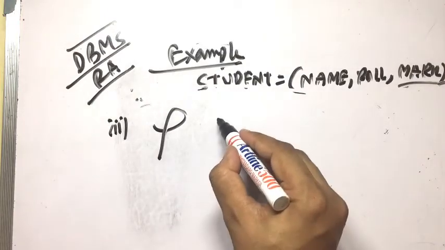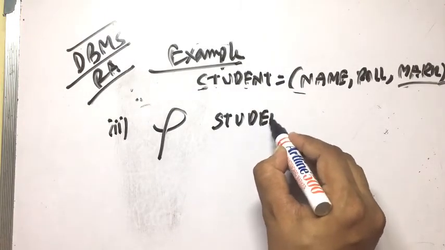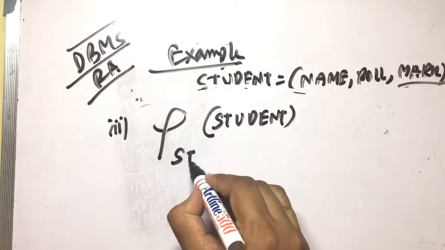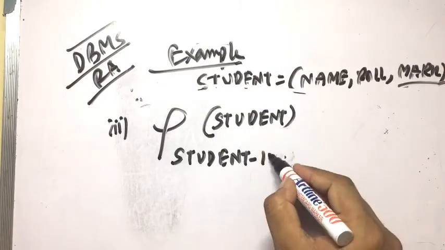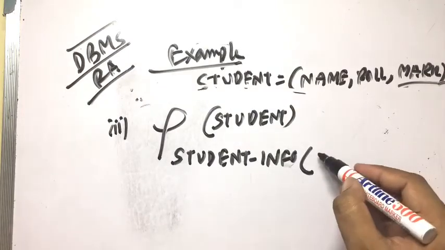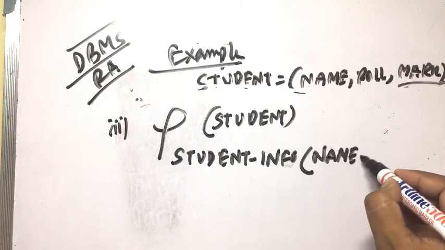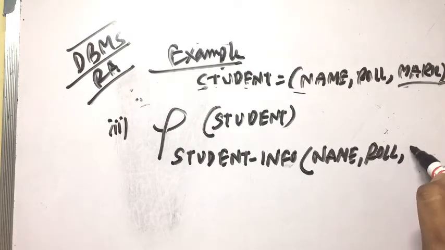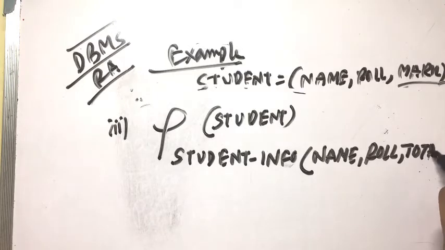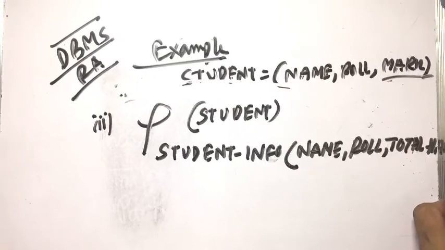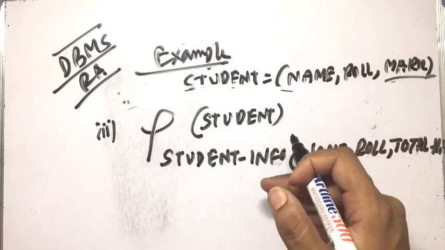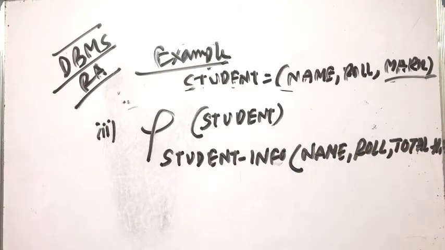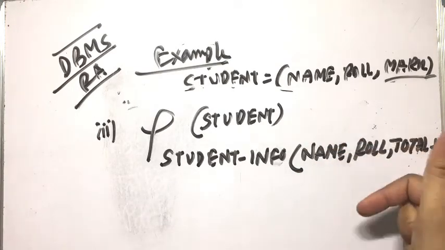Rho, the name of the table is student and the new name is student_info, with the new attribute names: name, roll and total marks. Marks is changed to total marks. The name remains the same, roll remains the same.